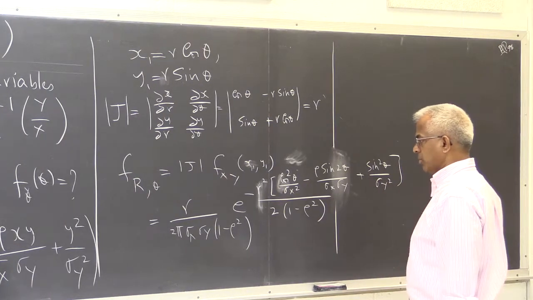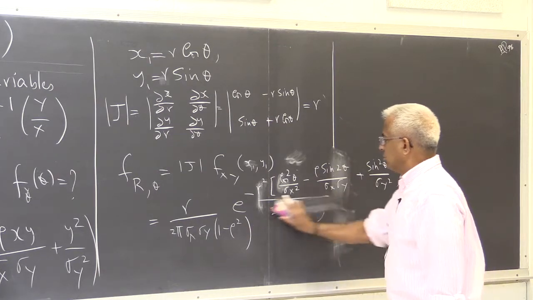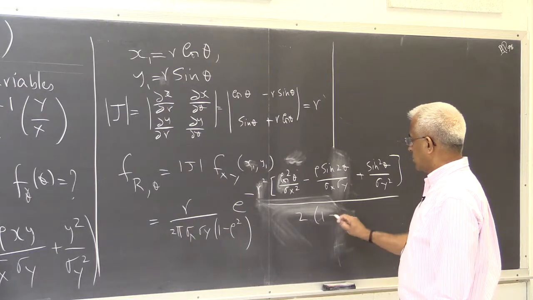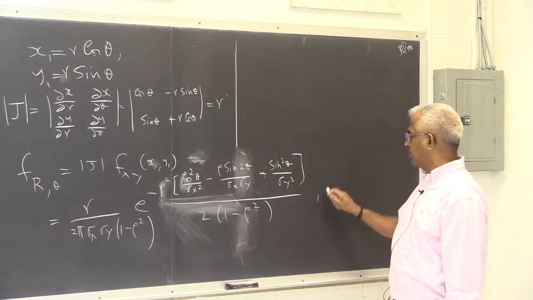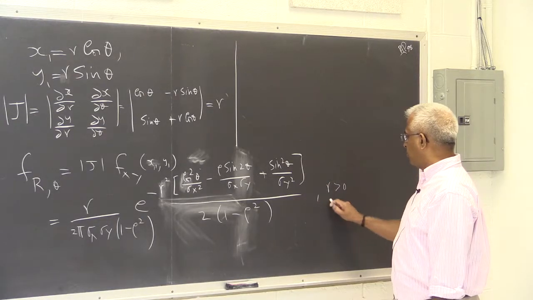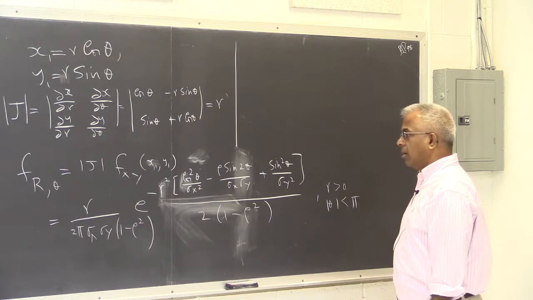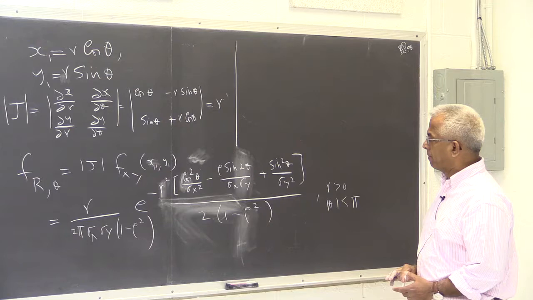This is the exponent. I believe this is the joint density function of r and theta, for r of course positive and theta going from minus pi to pi.